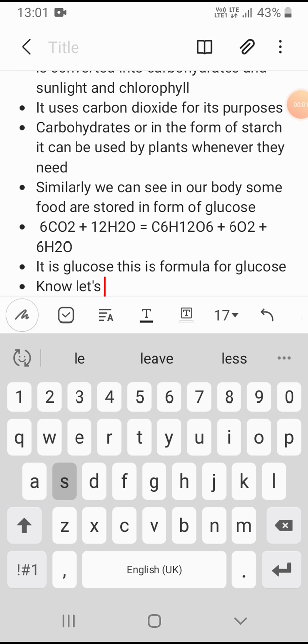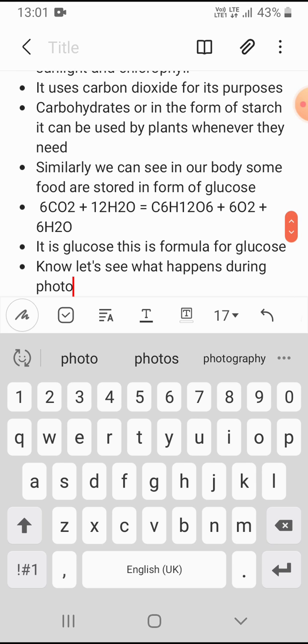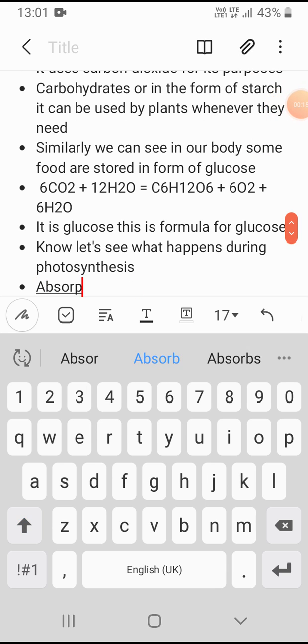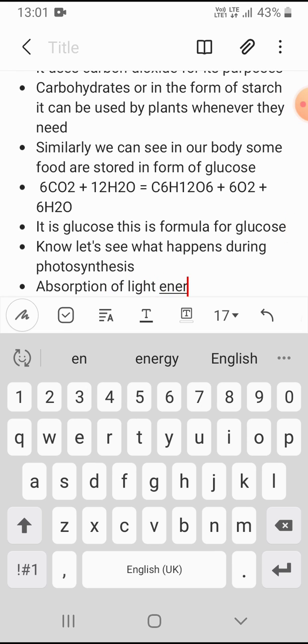Let's see what happens during photosynthesis. First, there is absorption of light energy. Light energy is absorbed by chlorophyll.